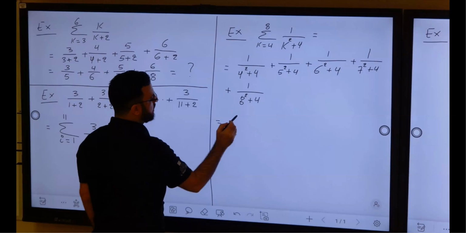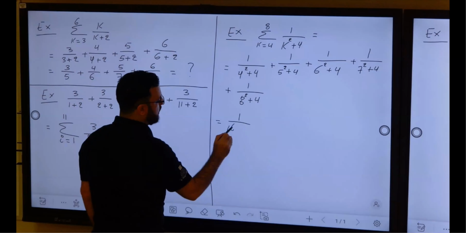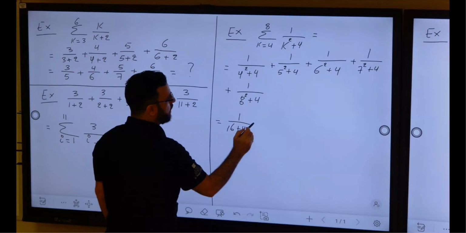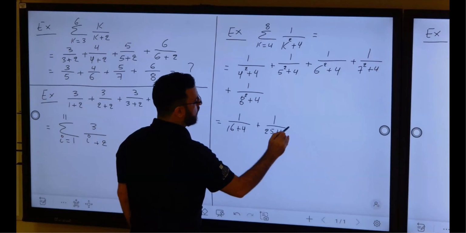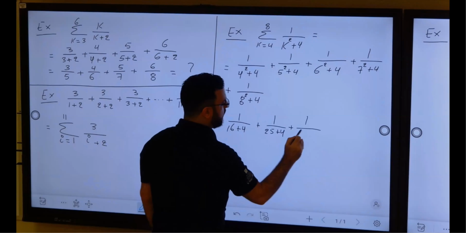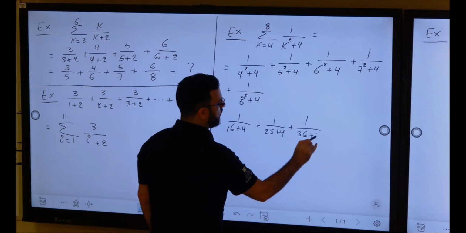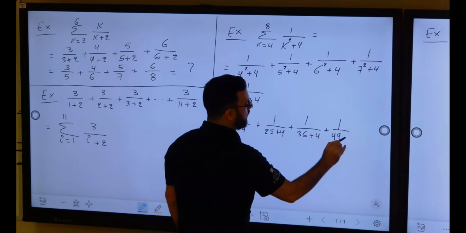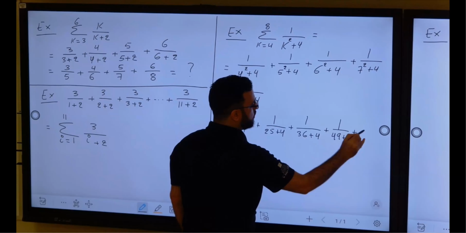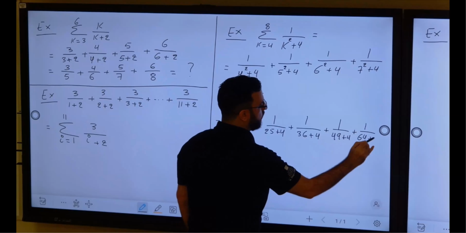That means it's going to be 1 over 16 plus 4 plus 1 over 25 plus 4 plus 1 over 36 plus 4 plus 1 over 49 plus 4 plus 1 over 64 plus 4.